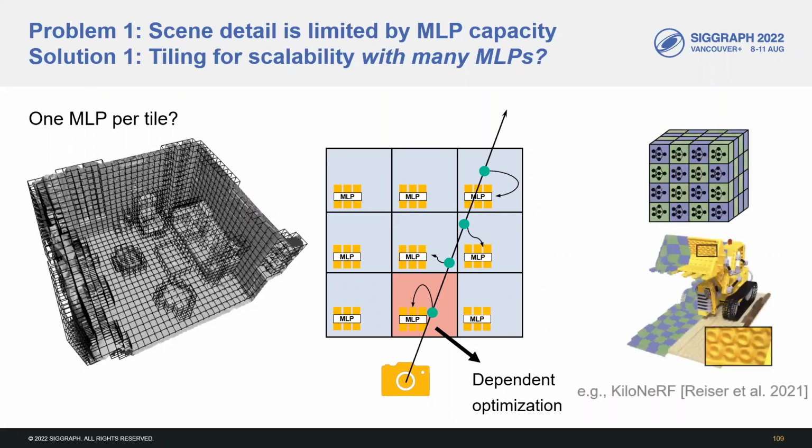This can be a good strategy. Maybe you've seen KiloNerf. It has lots and lots and lots of little MLPs in these tile structures, right? But what happens is that you train a big monolithic MLP first as like a teacher, and then the little ones get to train off the teacher. So you have to still produce the big reconstruction with the MLP first. So you can't really apply this approach either.